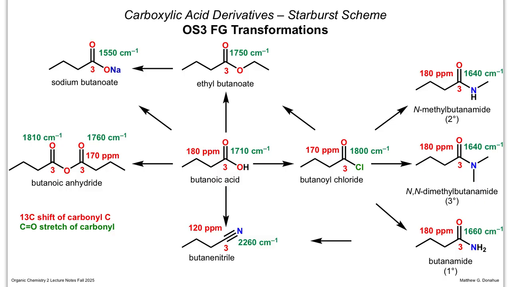We're going to look at how you can make all these things starting from a carboxylic acid, and then from each of those, what can you do with them? Ultimately that will get us into the next module, which is, again, looking at the chemistry of the alpha carbon, specifically the acidity of the CH bond to do functionalization there.